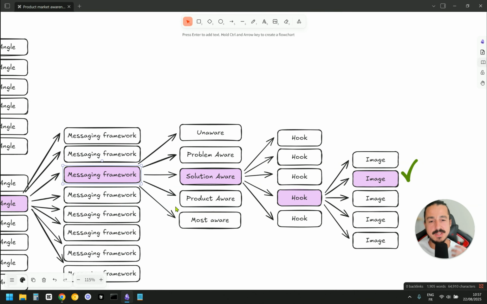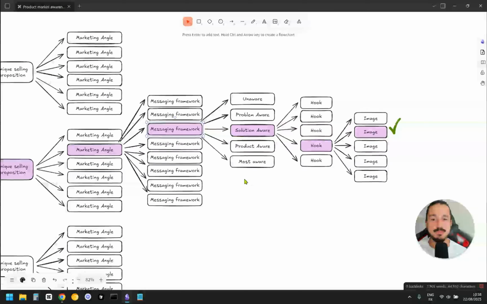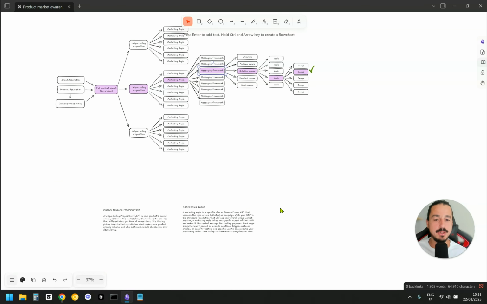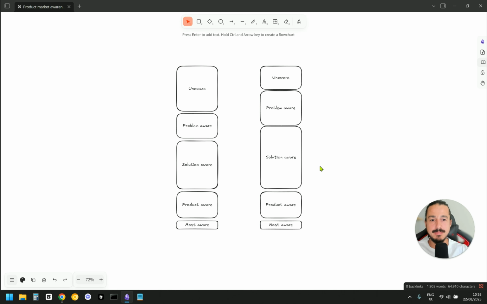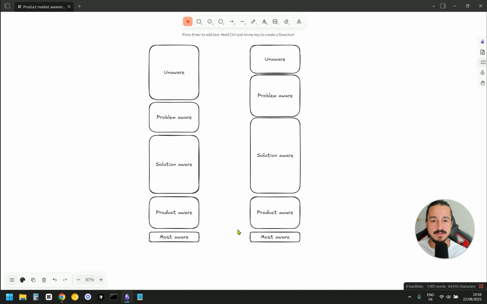Then we need to define where the customer is at in their journey of becoming a buyer. So this is the level of awareness, something that was introduced by Eugene Schwartz, a very well-known copywriter who wrote Breakthrough Advertising. Every copywriter out there knows about that. But to talk about it quickly, you have a market that is potentially buying your product, and depending on the product, the market will be segmented in different aspects.